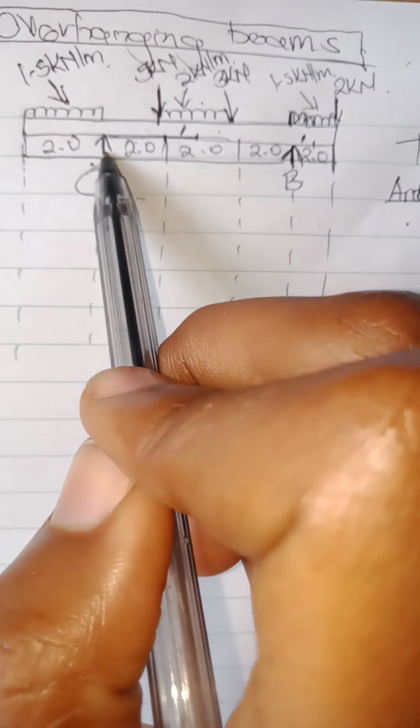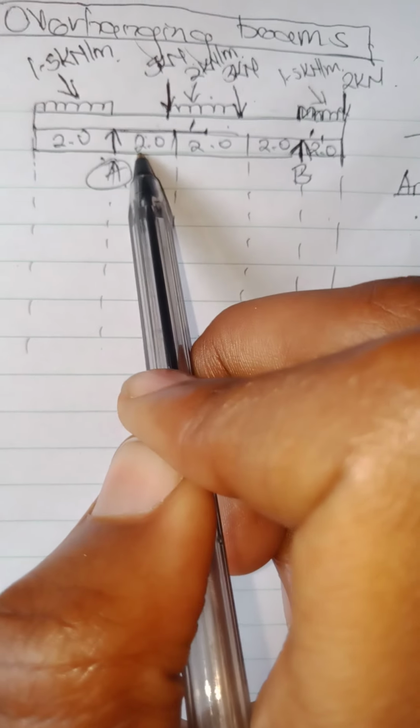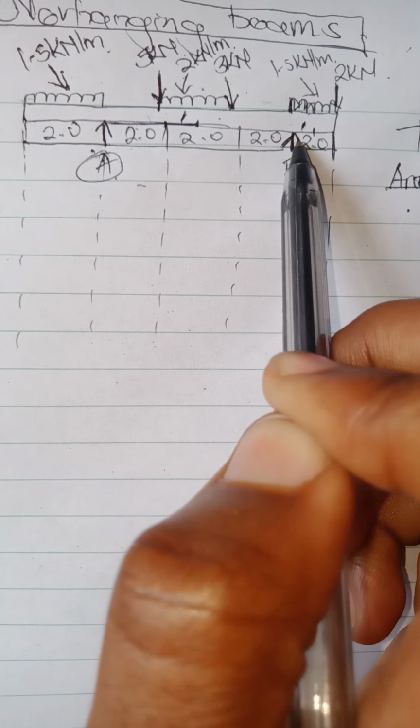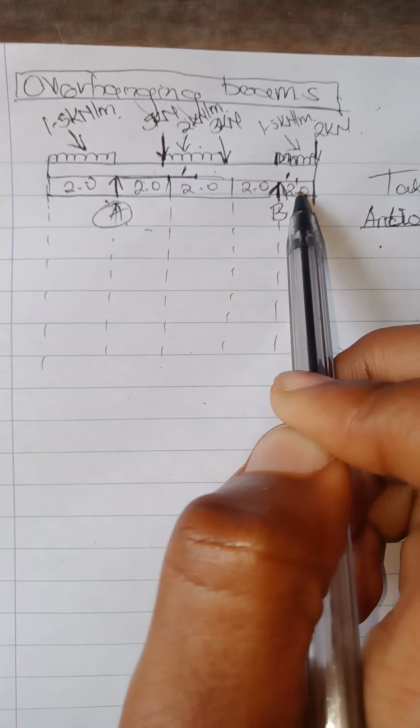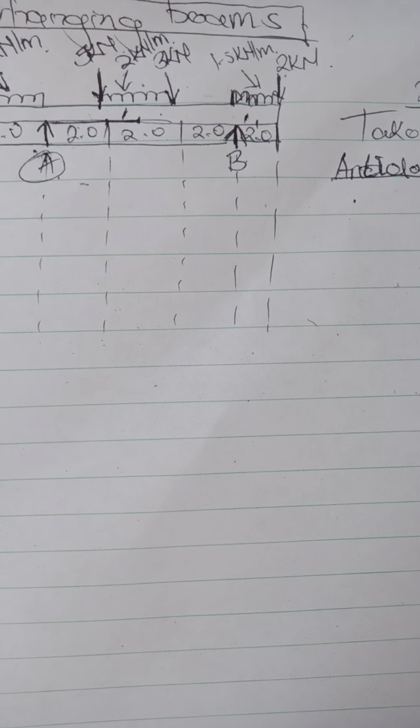And then last but not least, in the clockwise moments we have this 2 plus 2 plus 2 plus 2, which is 8 times the 2 kilonewtons. 2 times 8.